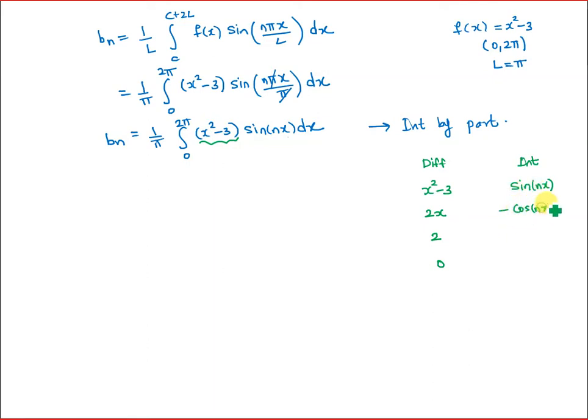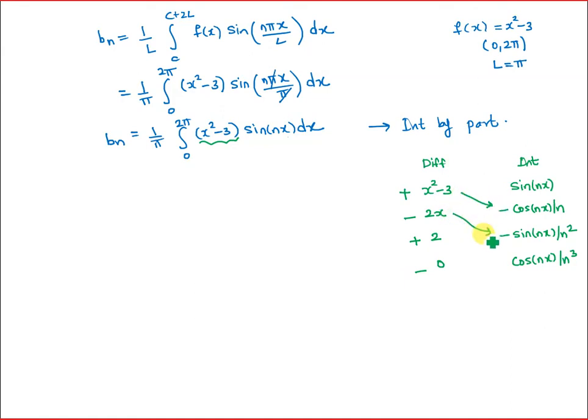Integration gives minus sine nx over n power 2, using the same way. Now integration of sine is minus cos, so minus sine will be plus cos nx over n power 3. Then we work with signs, plus, minus, plus and minus, and then multiply it.